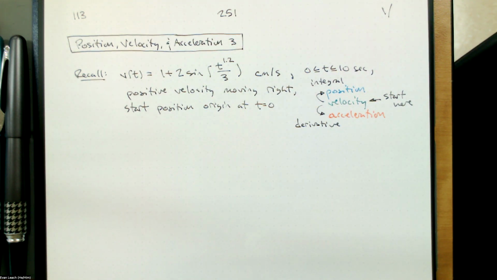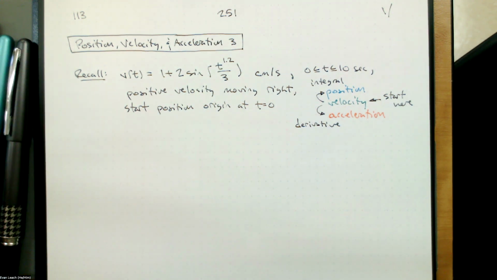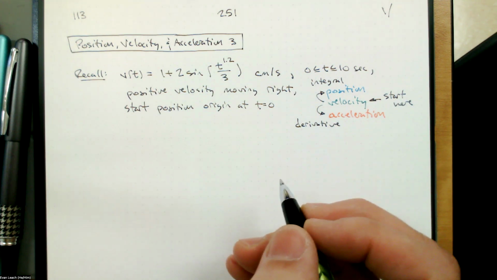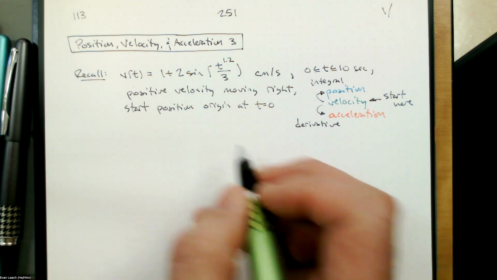So what kind of questions could I ask? The most direct question would just be a velocity question. Just use the function that you are given. So the most direct, easiest questions to make up would be a velocity question.